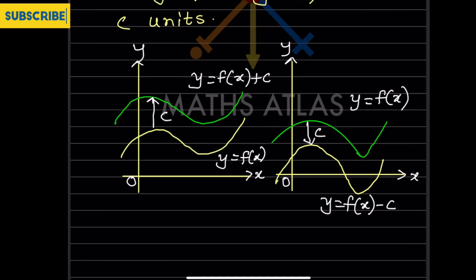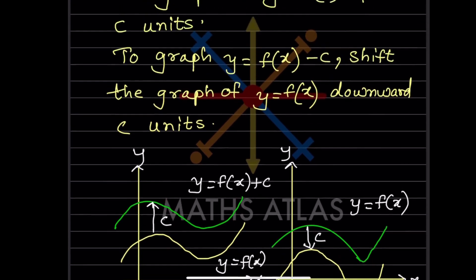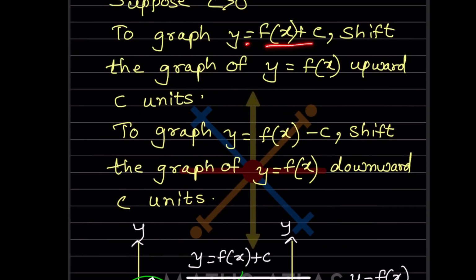This is a graph of y is equal to f of x plus c, so this is upward, this c. This is the normal one, y is equal to f of x. To graph y is equal to f of x plus c, shift the graph of y is equal to f of x upward c units.